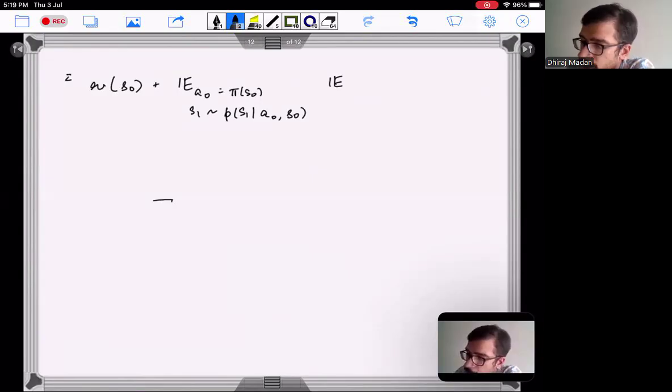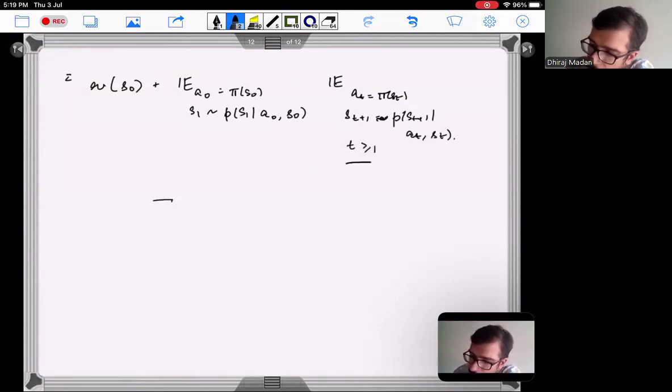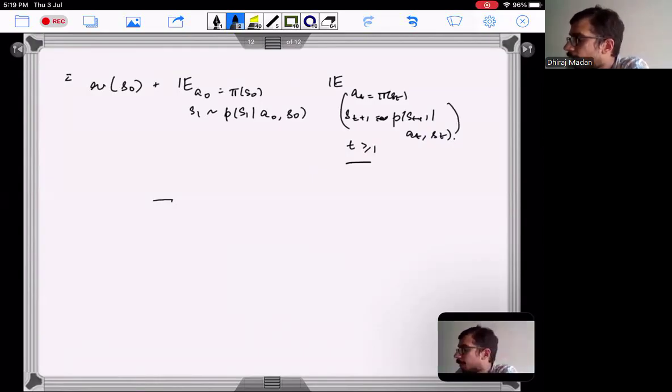And the expectation over the remaining terms, from A_t onwards, A_t coming from pi of S_t and S_{t+1} distributed as P of S_{t+1} given A_t, S_t. So this is now for t greater than or equal to 1.